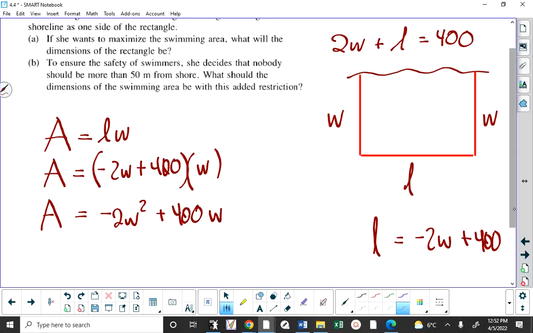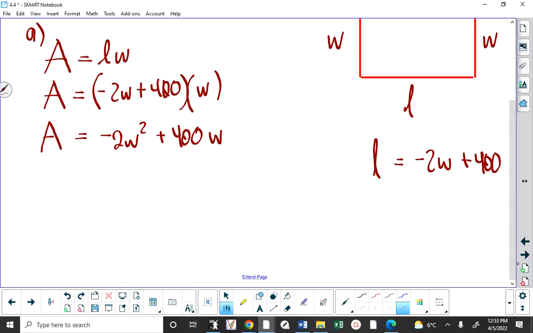Let's just pretend we're working on A right now. Okay. So now we differentiate that, and this is really nice actually, everybody, because it's a quadratic function defining what we want to optimize. The derivative is going to be linear, so solving a linear equal to 0 is pretty basic. The derivative here, dA/dW, will be equal to negative 4W plus 400.